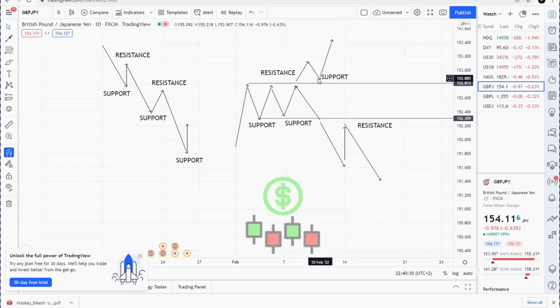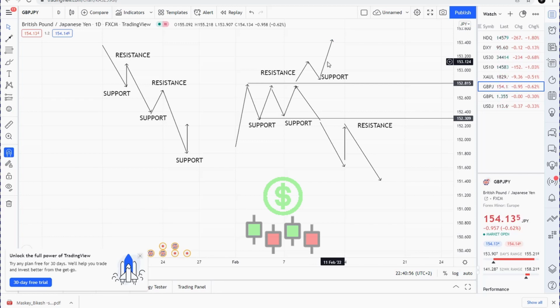When it came back here, this was our old resistance. Now it has become support, because price is above this level. So support is always below current market price, while resistance is always above current market price.